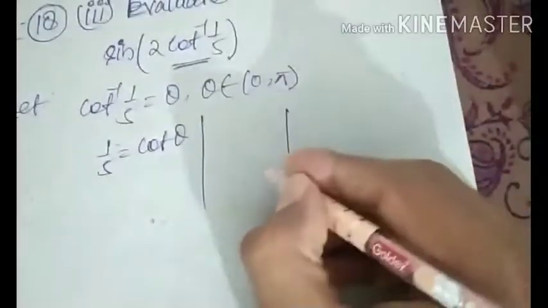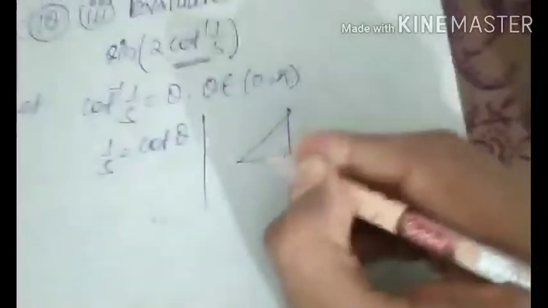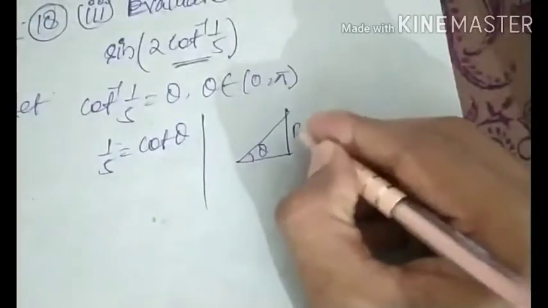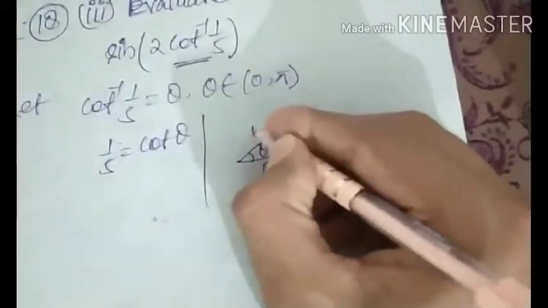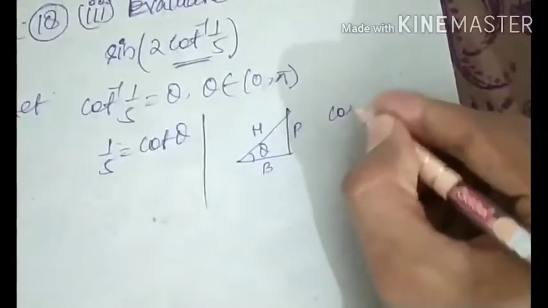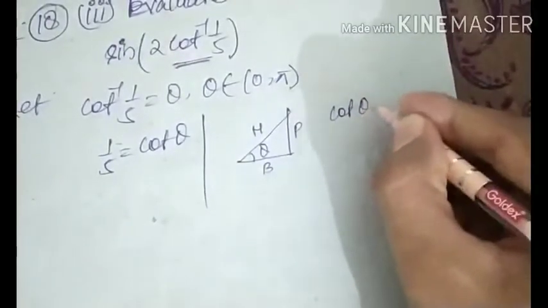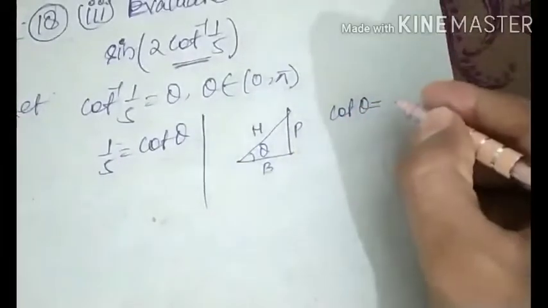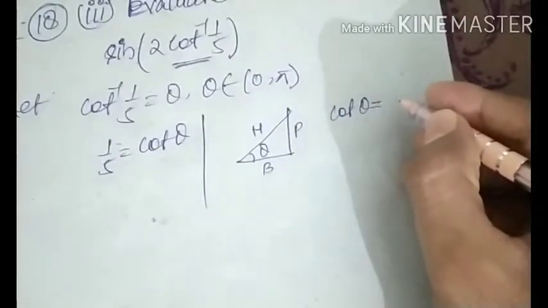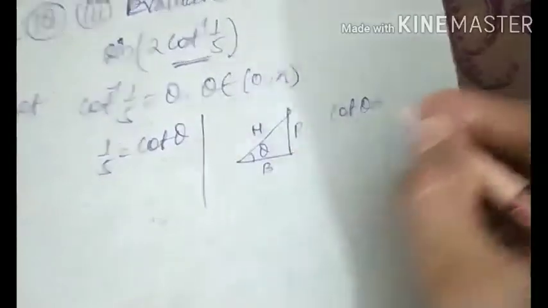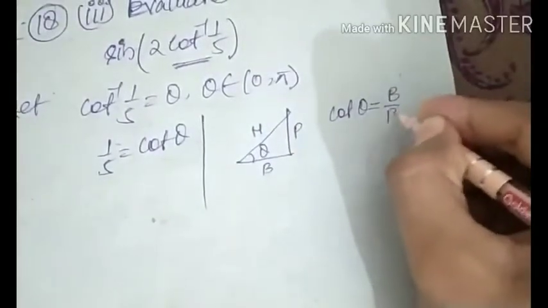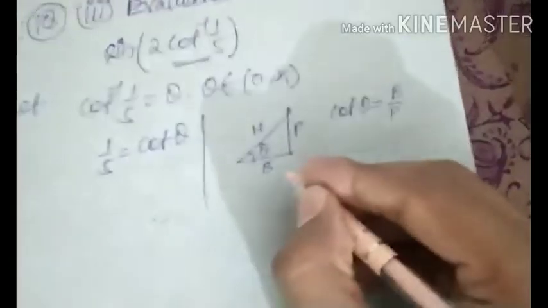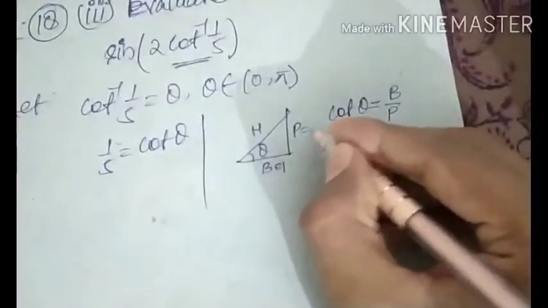We can form a triangle like this. If this is theta, then this will be perpendicular, base, and hypotenuse. The trigonometric ratio cot theta is equal to base upon perpendicular, so it will be 1 and 5.